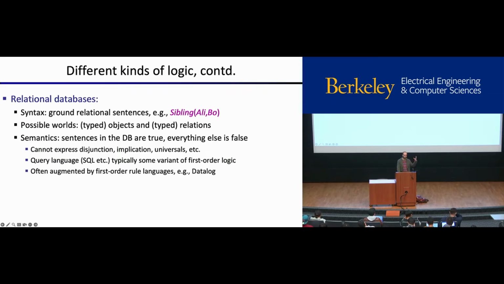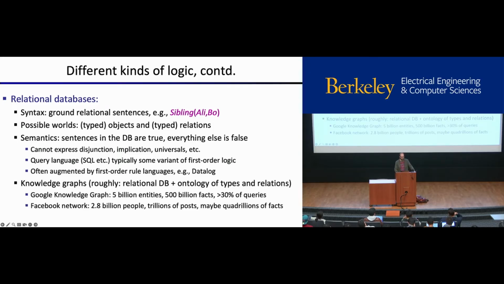You can ask, like, do all examples for which this holds also have the property that this holds, and so on. Some relational databases that exist out in the world and are used quite a bit are the Google Knowledge Graph and the Facebook network. And maybe you can estimate that if 30% of queries are answered by the Google Knowledge Graph, that might be considered an extremely profitable knowledge graph.